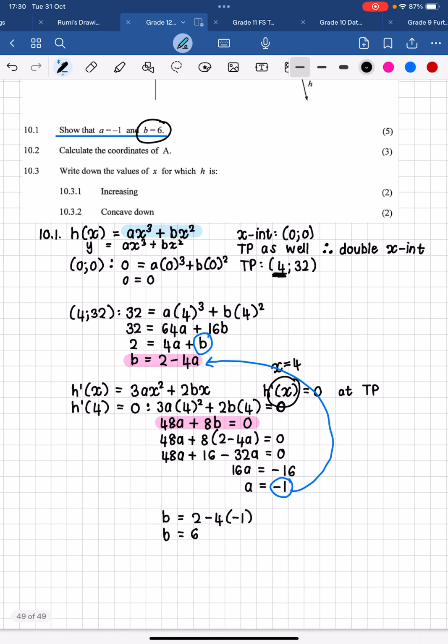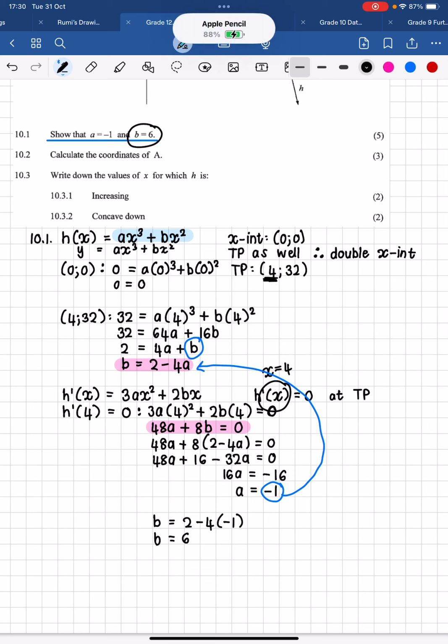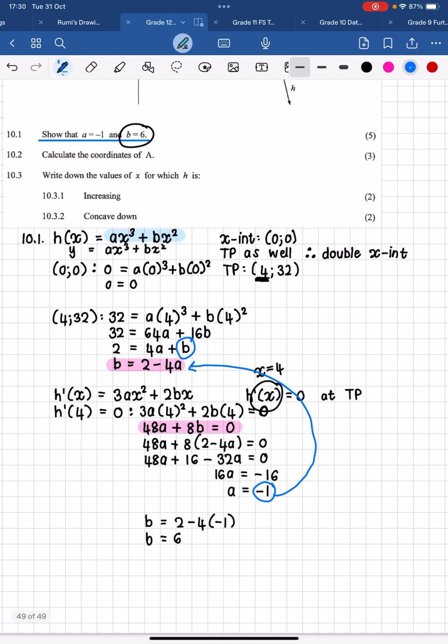Now guys, I saw some questions. I saw someone asking, why did I not in this line make it equal to 32, right? And that is a very common mistake because the y value is 32. But guys, what I'm subbing it into here is not just the equation of the graph, right?